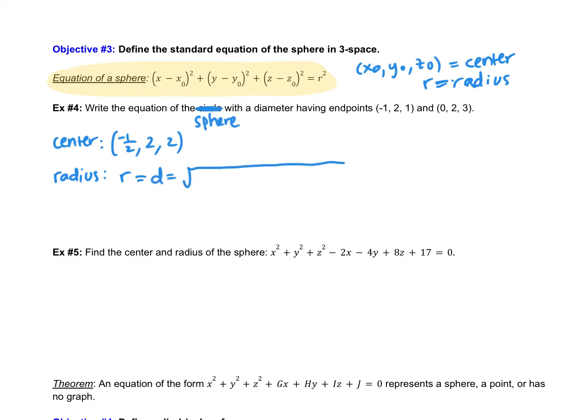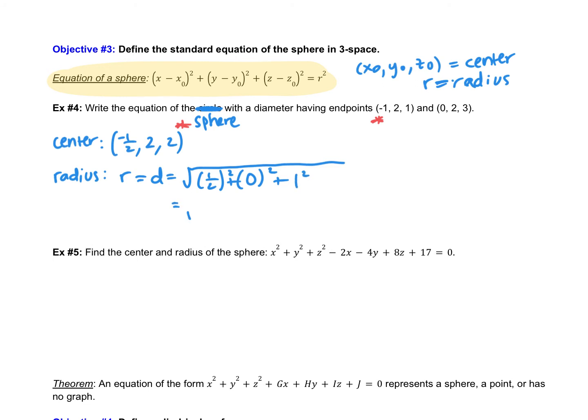And I need 2 points. And so the points that I'm going to use are this center that I have and one of the other points. So the difference between -1/2 and -1 is 1/2. Difference between 2 and 2 is 0. And difference between 2 and 1 is 1.